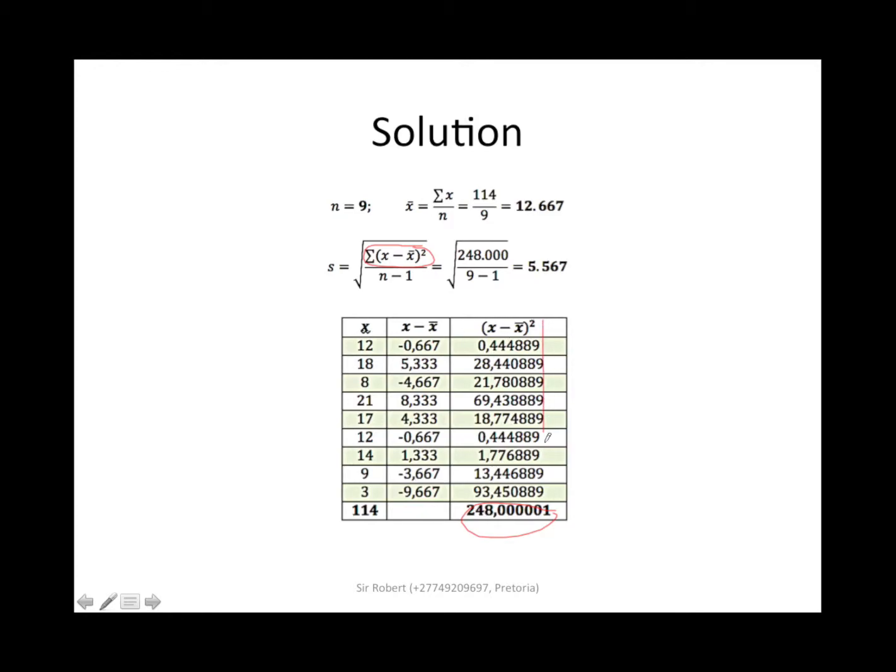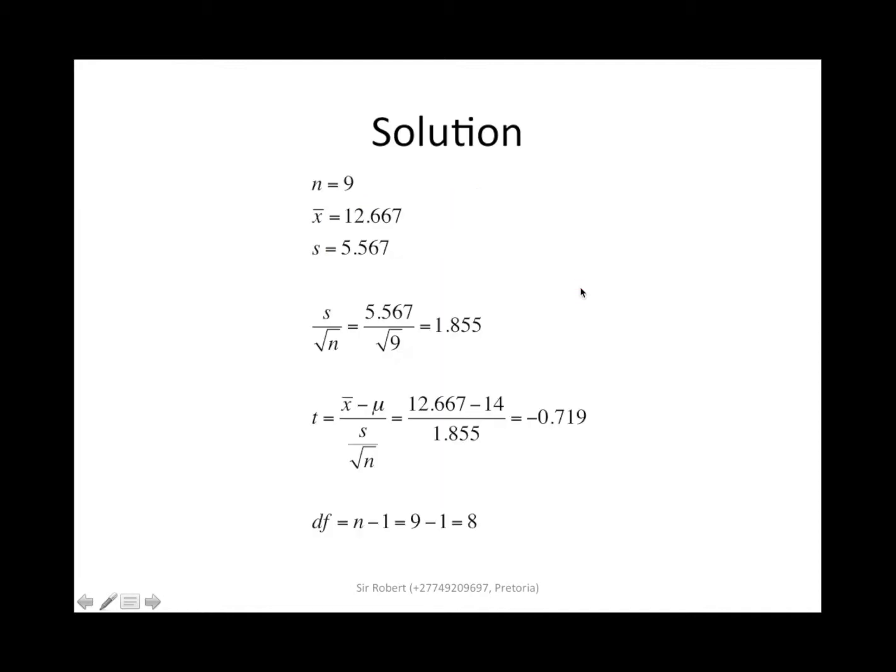If you sum this, you get this one. That's why we put it here. Then remember, you divide by n minus 1, and you get 5.567. Then you continue to solve your standard error.